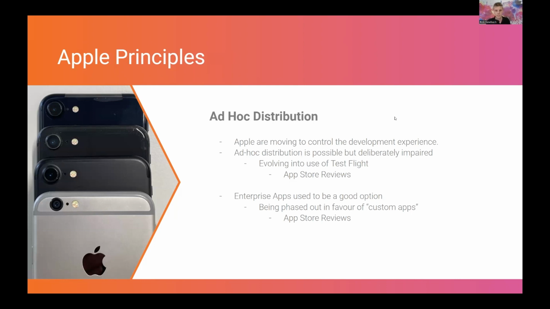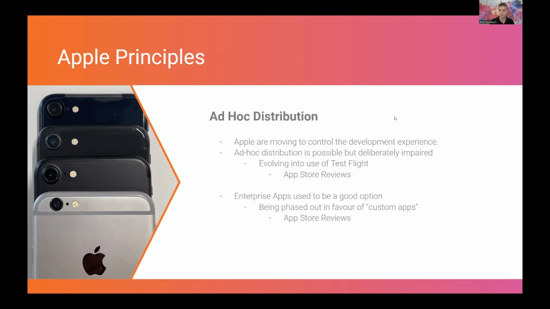So I think there are, as we mentioned earlier, three key approaches split into two categories. One is to use ad hoc distribution, which is really bending a development tool and using it in a way that it wasn't its original intention, versus enterprise applications or the custom application program, which is Apple's, I guess, more formalized and the correct, in inverted commas, ways of deploying an application within a business.